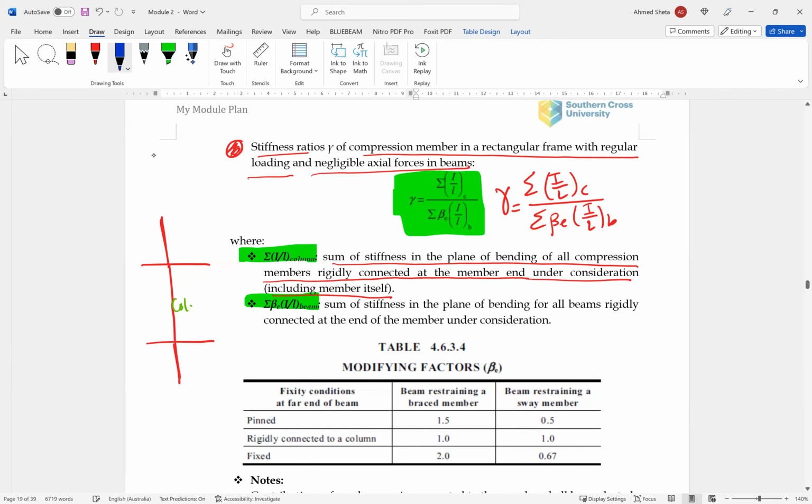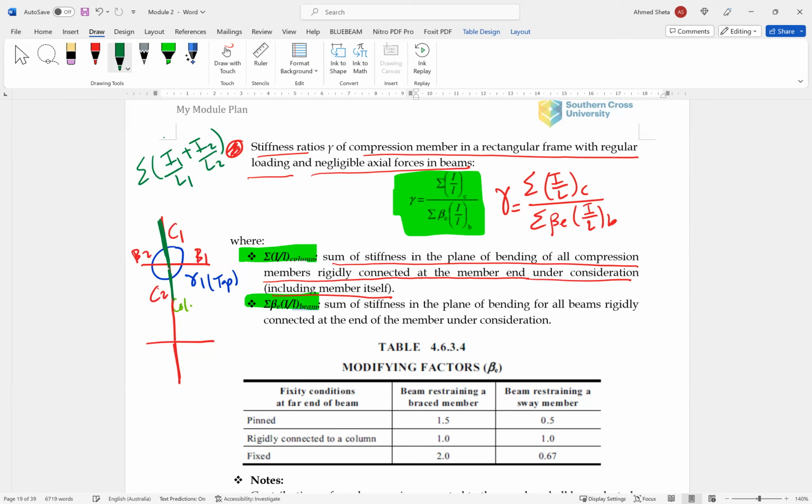So here, let's say this is gamma 1, the top end, or gamma top. How many members do we have? We have C1, C2, B1, and B2. So what you need to do is take the summation of the columns C1 and C2: summation I1, I2 over L1, L2.